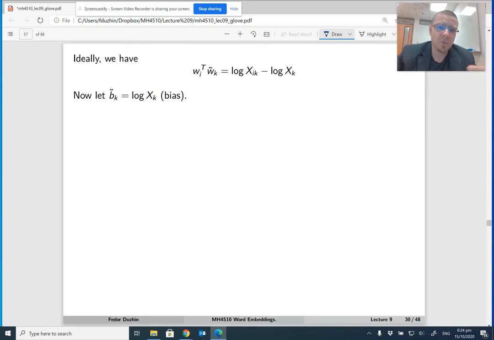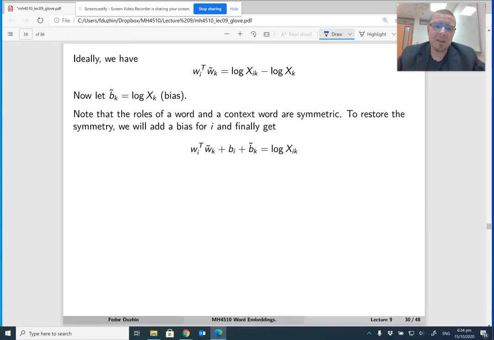Whenever word i appears in the context of word j, then word j appears in the context of word i. In order to restore this symmetry, we're going to introduce another bias for i. And finally, we're going to get this. This is sort of the ideal situation.